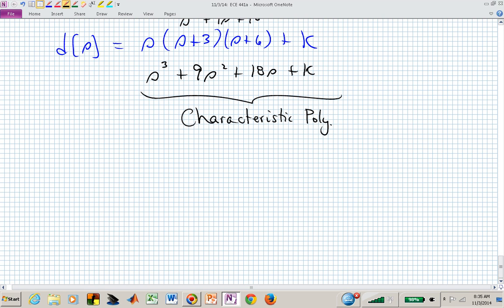Meaning that's the expression I can now use in my Routh array. I now have a d of s that's equal to s cubed plus 9s squared plus 18s plus k. Are we clear where that came from, or why we found it in the first place?